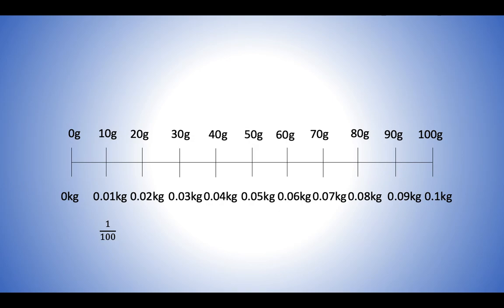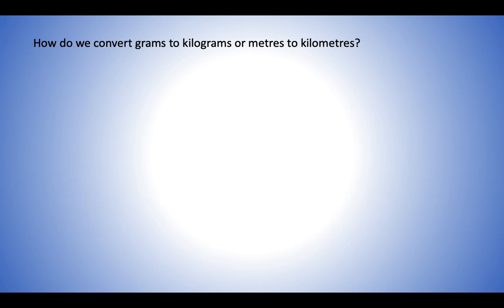So 1/100 of a kilogram is 10 grams, 4/100 of a kilogram is 40 grams, and 7/100 of a kilogram is 70 grams.